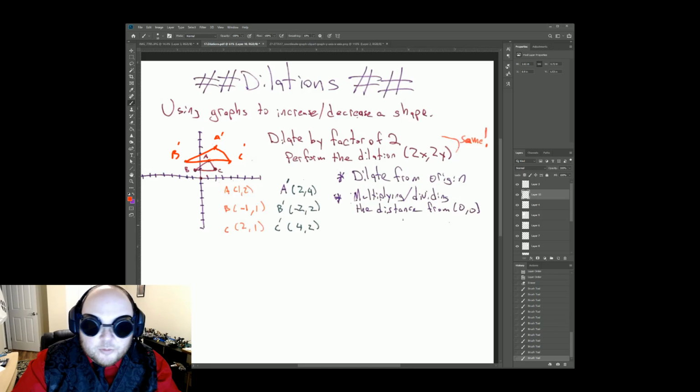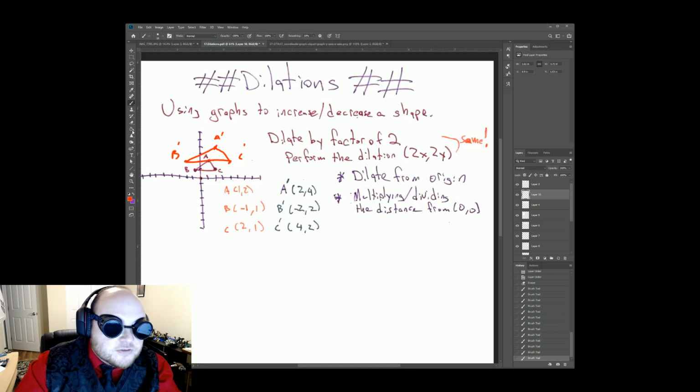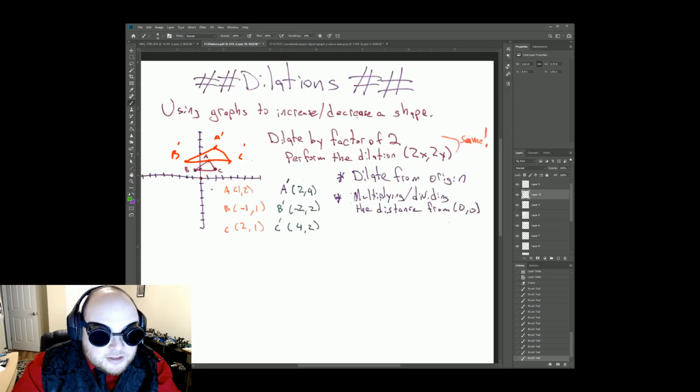Easy enough. And what I mean by we're multiplying the distance from 0, 0 is, there was an original distance, and we could calculate that using the distance formula, but I'm just going to do this the easy way. Over 1, up 2, right? This was over 1, 2, up 1.